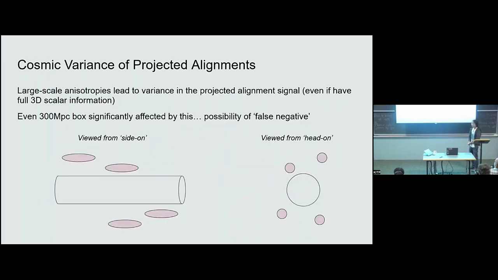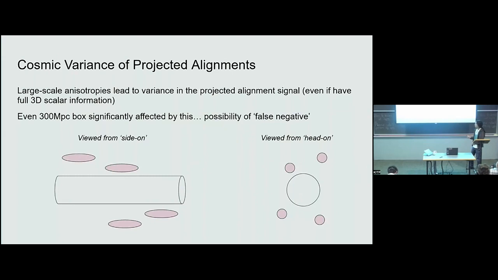Okay, so an interesting thing we found while trying to do this mock observational survey, and this might address a question that was asked in the previous talk, is that since we're unable to observe the full 3D shape to cosmic web alignment, we can only observe the shape of the galaxies projected onto the sky and their alignment with the cosmic web.